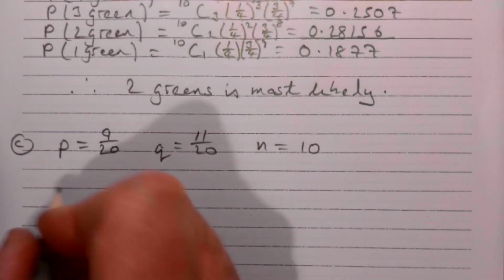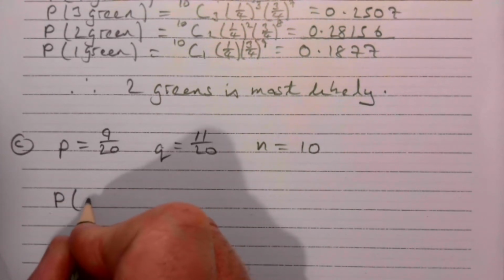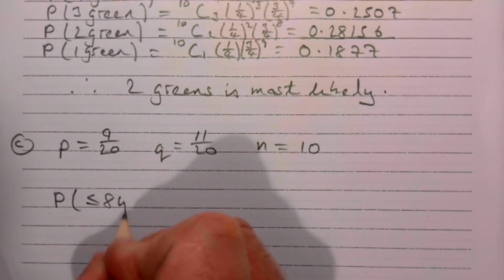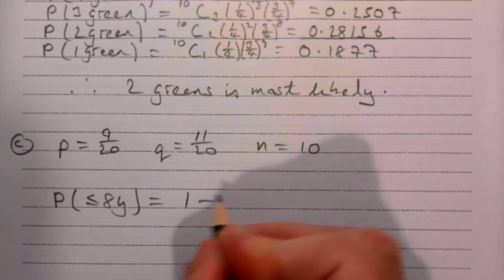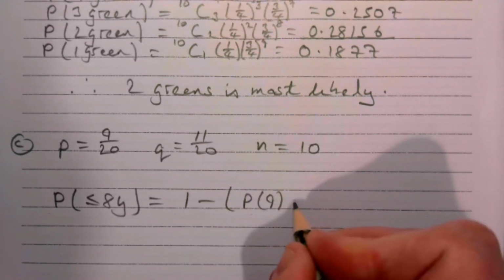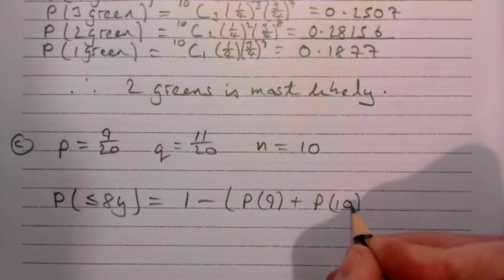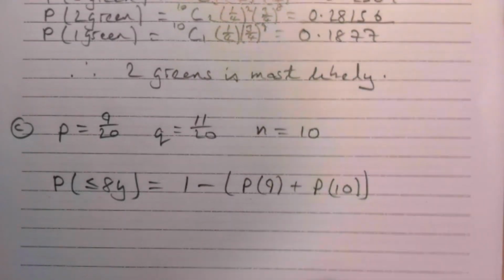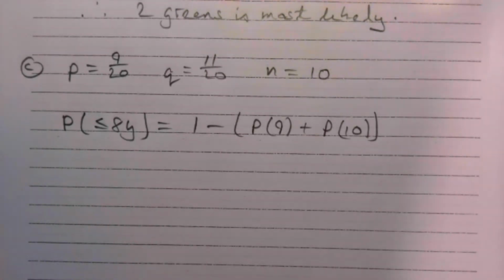So let's write that. The probability of less than or equal to 8 yellows is the same as 1 minus the probability of 9 plus the probability of 10. So let's do our calculations for that.